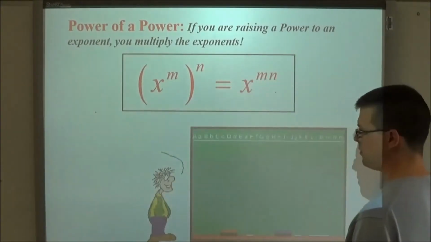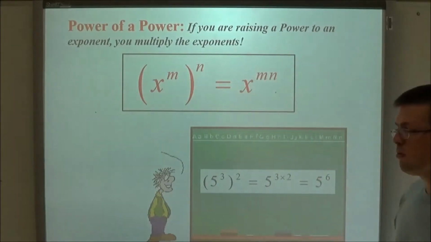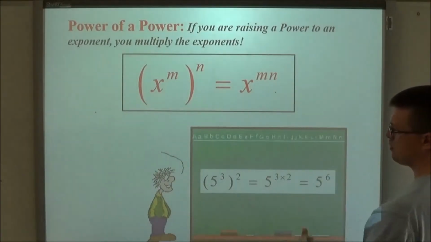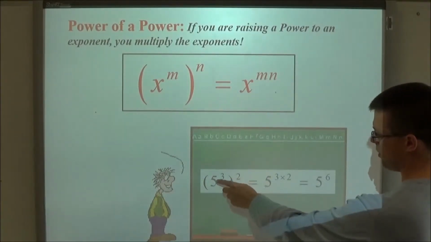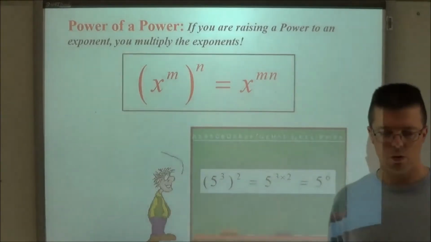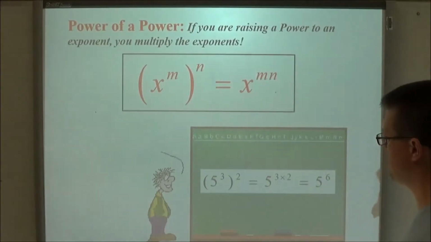So if we look at a simple problem even with a numeral as our base, if we have 5 to the third power and we're raising all of that inside to the second power, you don't have to go through the whole process of raising and raising and raising again to find out what that could be.